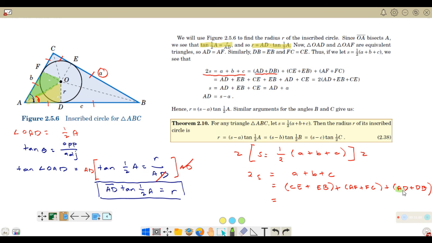So, AD, parehas siya ng value ni AF. Next, si EB, parehas siya ng measurement ni DB. So, EB is the same measurement as DB. And finally, CE, parehas siya ng measurement ni CF. Yan. Or FC.